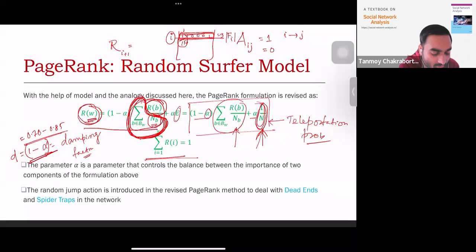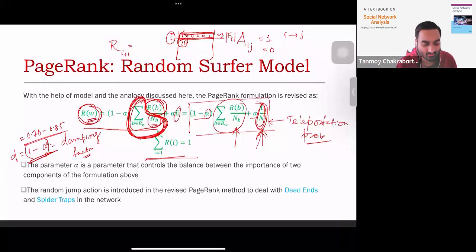This is called a row normalized adjacency matrix, so that the sum of elements of a row would be 1. I take the summation of all the values in a particular row and divide all the elements of that row by their sum, so that the resultant sum would be 1.